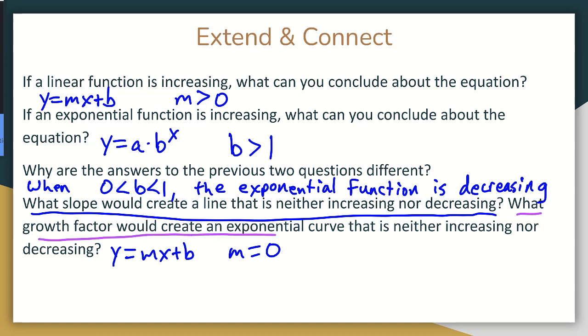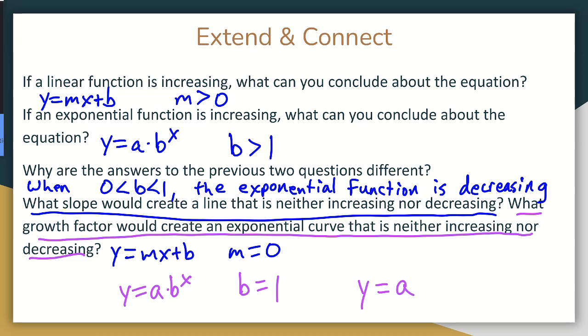What growth factor would create an exponential curve that is neither increasing nor decreasing? So here, again, we're talking about y equals a times b to the x. If b is equal to 1, then really we just have y equals a, because 1 to any power is just 1.